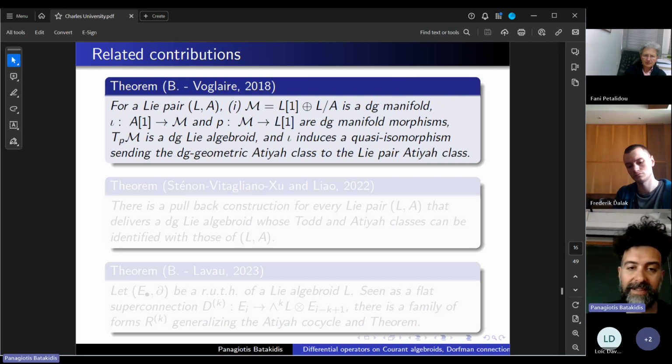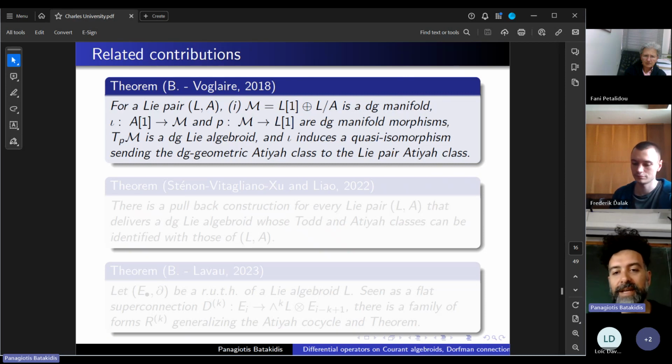And in fact, the most important thing is that the inclusion, the injection, actually induces a quasi-isomorphism between the DG geometric Atiyah class that you saw in the previous slide and the ordinary Lie pair Atiyah class. Now, all these objects are not that old.